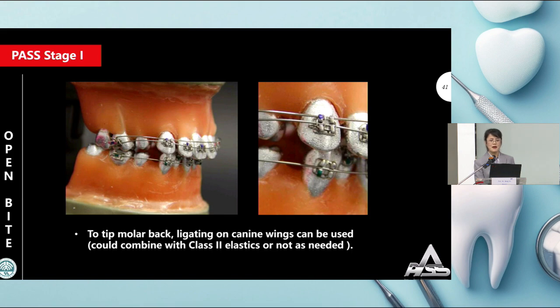Tip-back molar bend ligating on canine wings, combined with class 2 elastics, can be used. If we don't want to open the bite, and just want to tip back the molars, we can tie the piggyback arch on the canine, and then we can move the molars tipping backward.